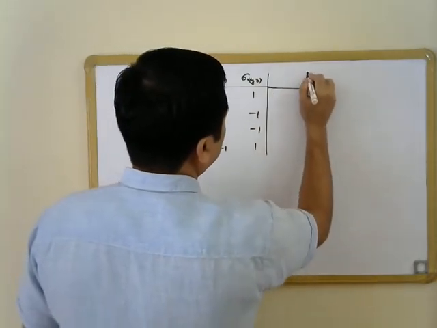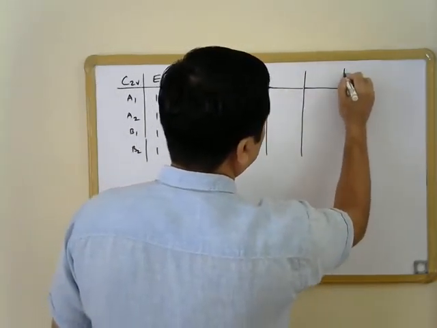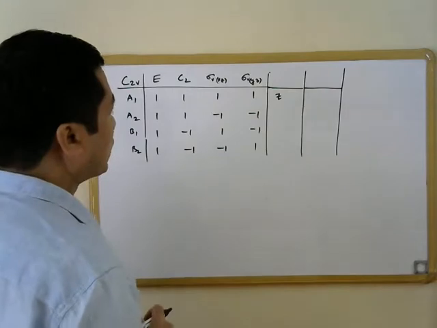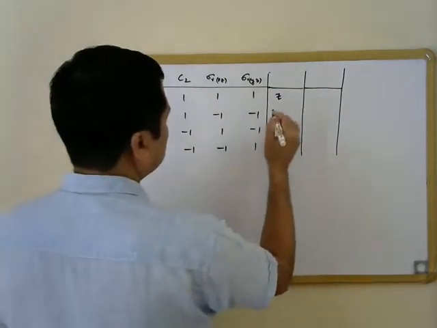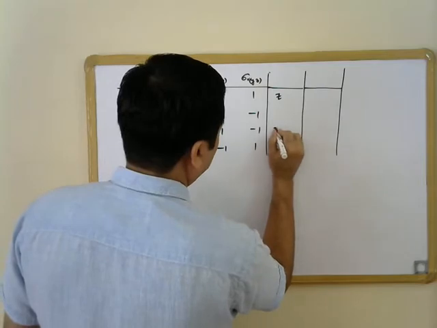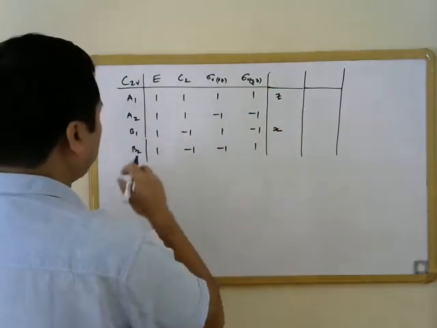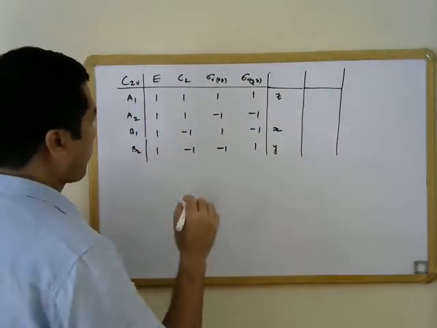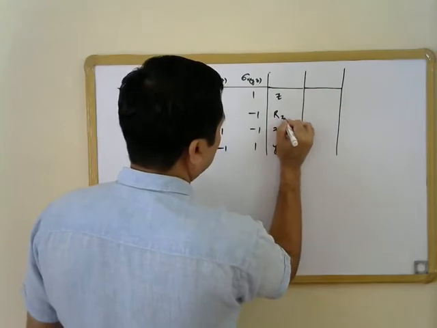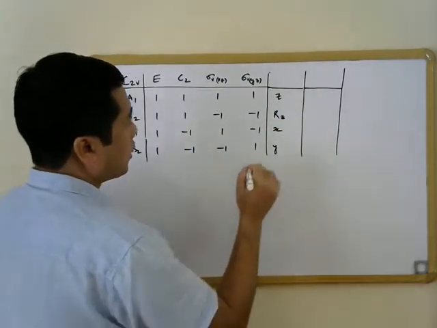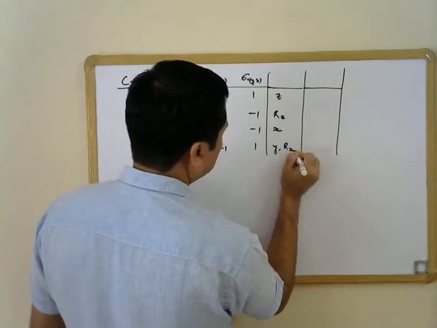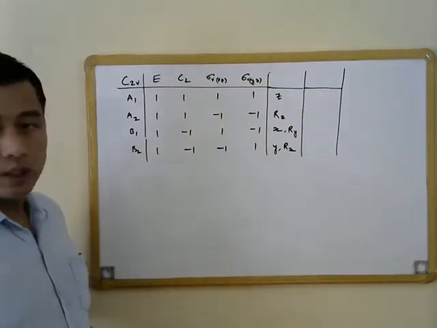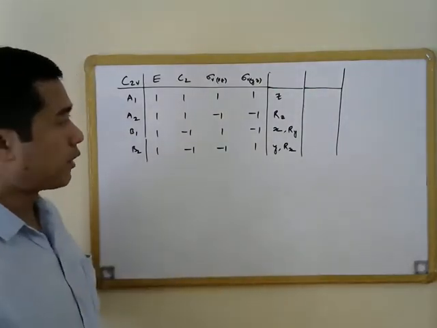Then the symmetry of the translational modes as well as the symmetry of the rotational modes. We found out that translation along Z has A1 symmetry, while translation along X has B1 symmetry, and translation along Y has B2 symmetry. Similarly, rotation about Z has A2 symmetry, rotation about X has B2 symmetry, and rotation about the Y axis has B1 symmetry.